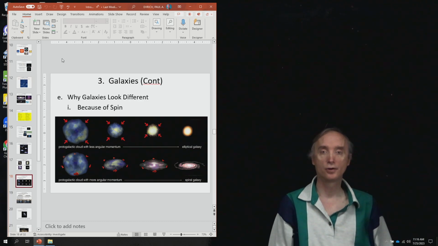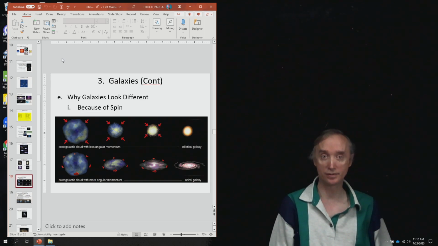Let's continue our review for the Unit 4 lecture exam in Introduction to Astronomy, and we want to talk about why galaxies look different. The first reason is the way that they spin. Another name for this would be angular momentum.